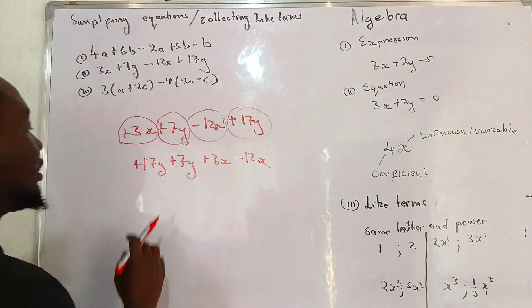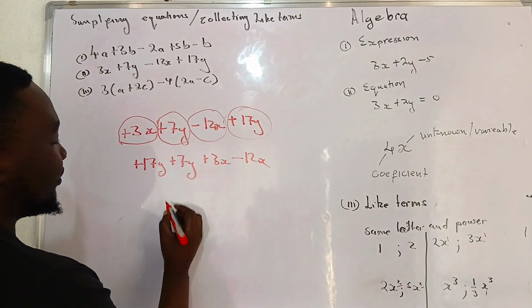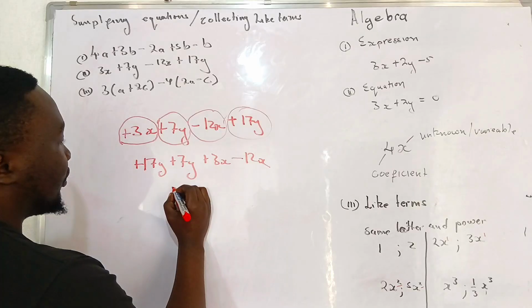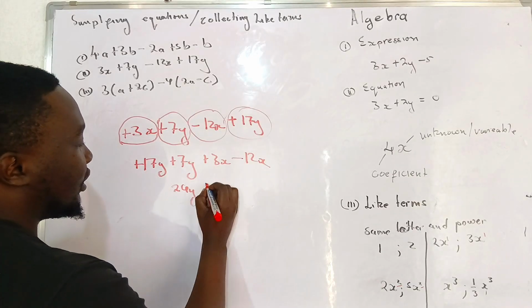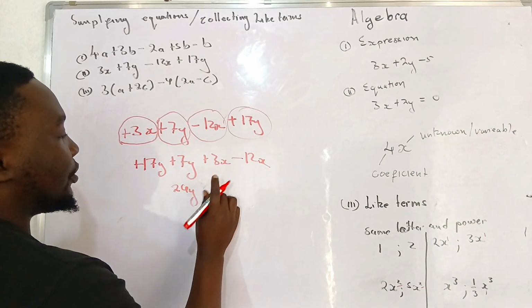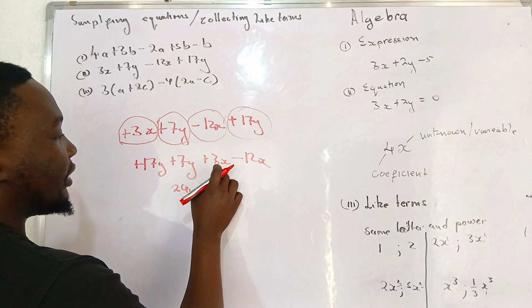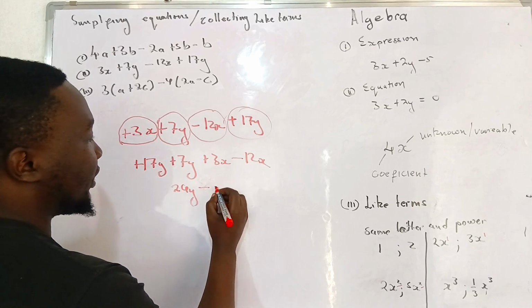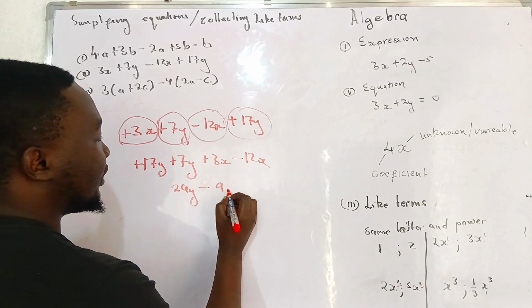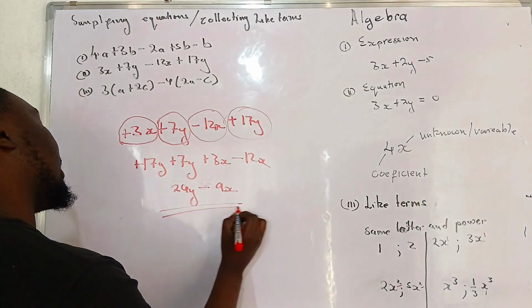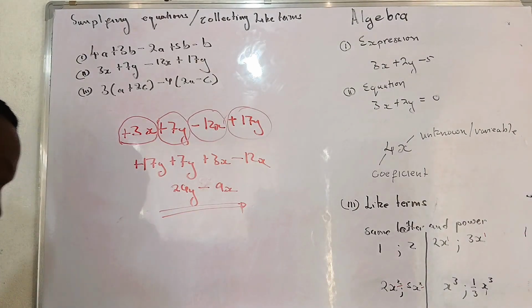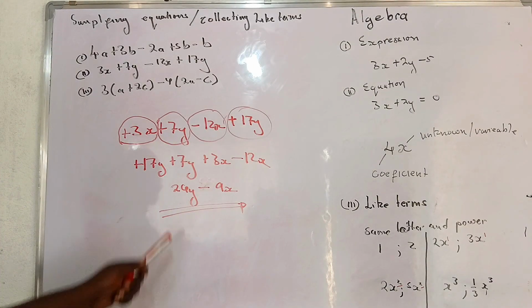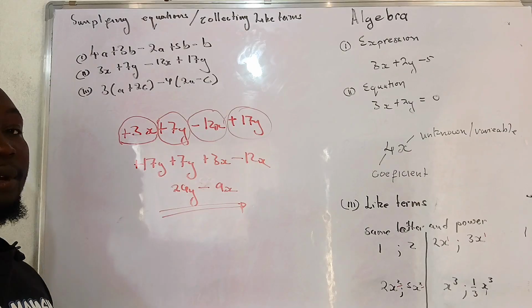So moving forward, 17 plus 7, that's 24, 24y, plus 3 minus 12, that's going to be minus 9x. So that's the simplified form of this one.